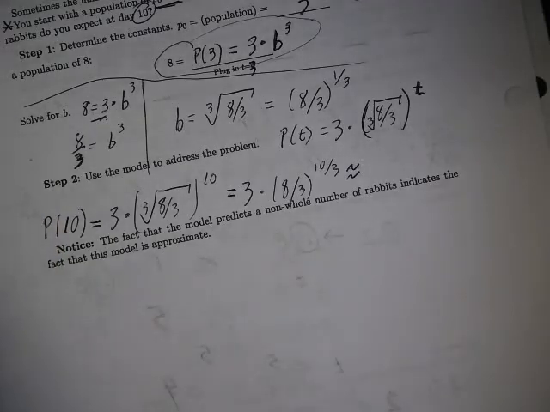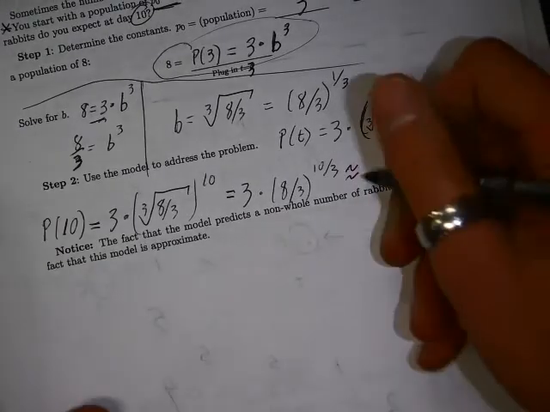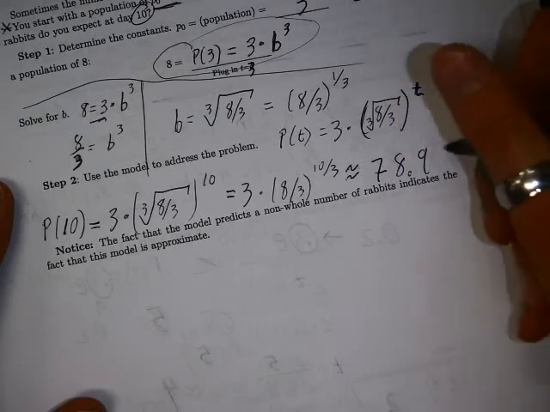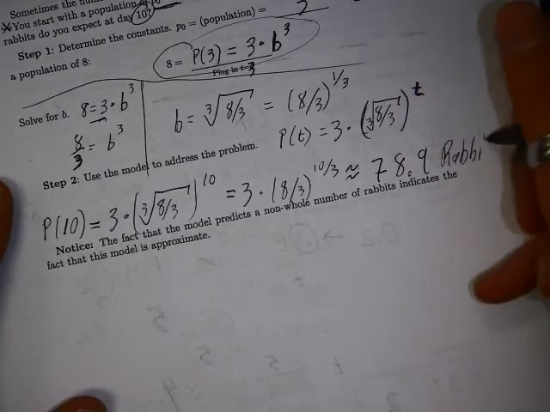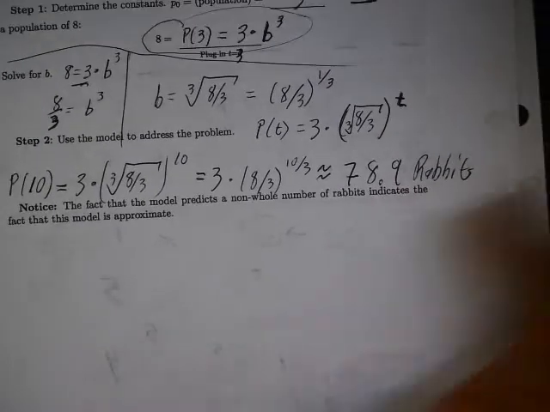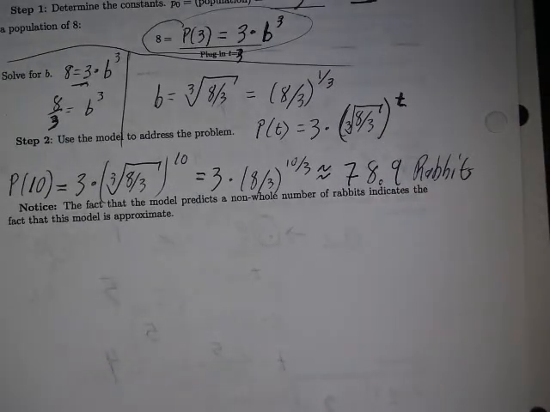And you go and do that. And we see that at day 10, there will be approximately 78.9 rabbits. That's a non-whole number of rabbits, so that tells you something automatically.